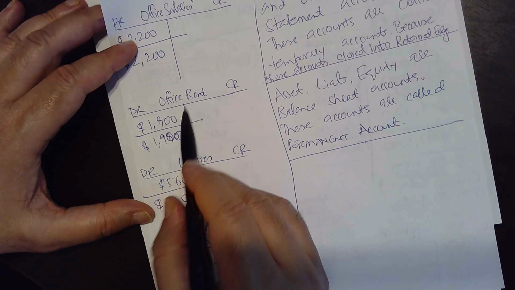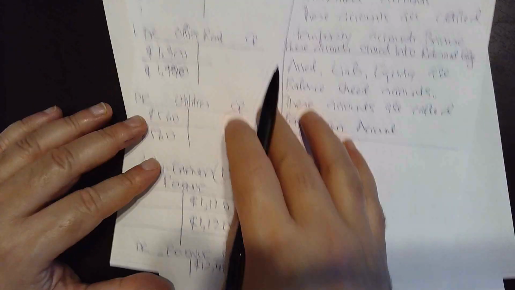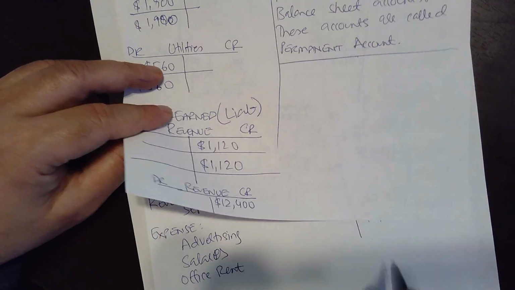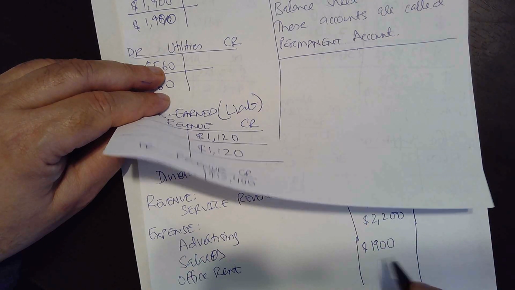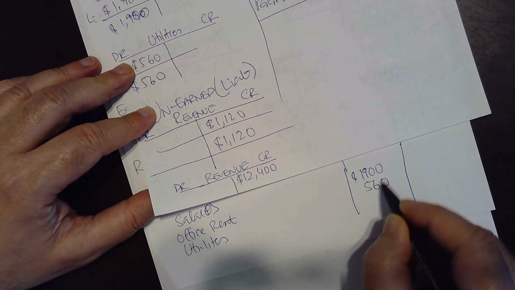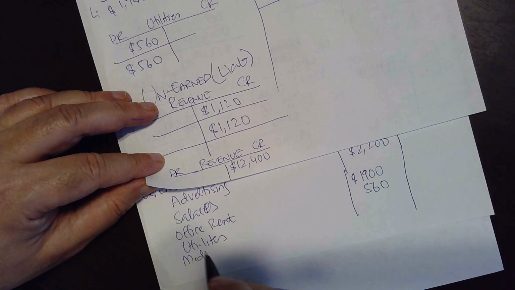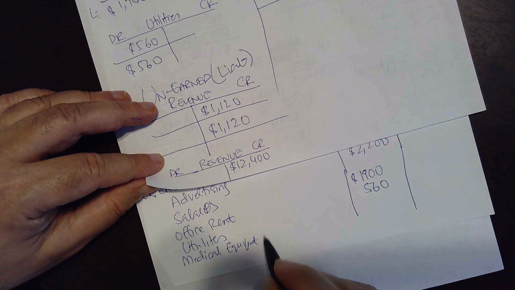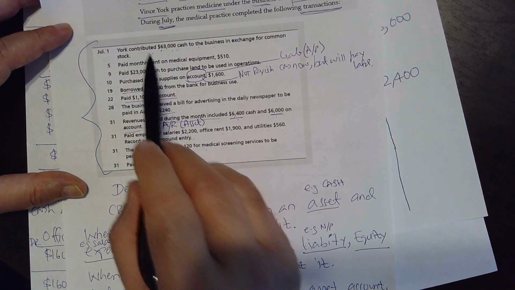Then we have office rent for 1,900. And then we have utilities for 560. And we have medical equipment rent, where we paid monthly rent on medical equipment, $510. So this is $510.